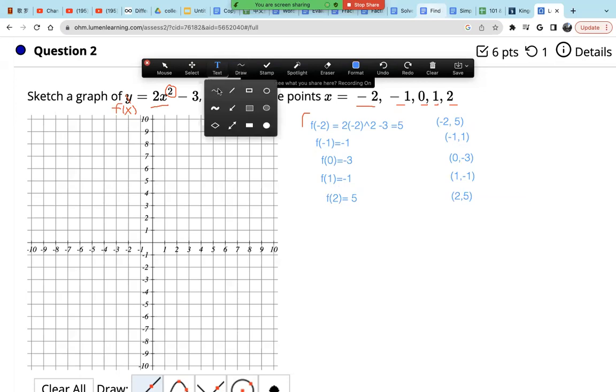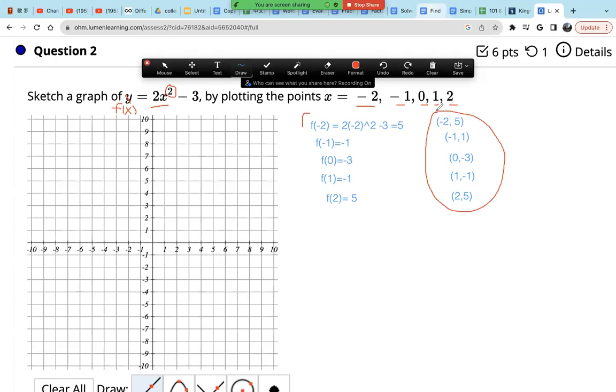Okay, now we have these 5 points. We want to plug them in. -2, +5. -2 is here, +5 is here, so we have this point. -1, -1. 0, -3, we have this point. 1, -1, we have this point.